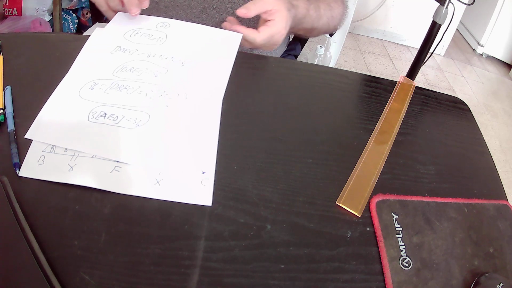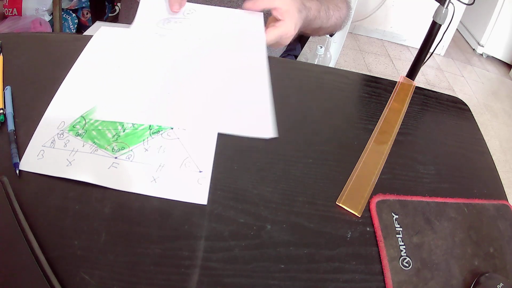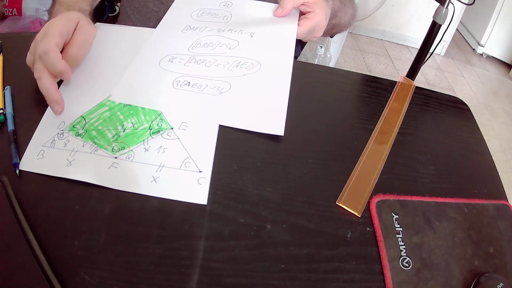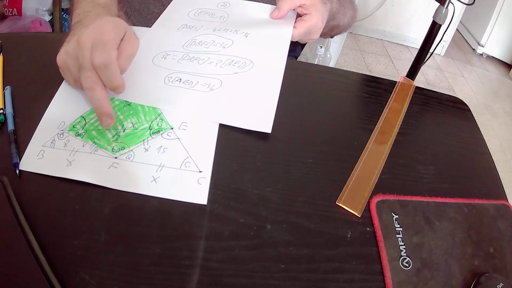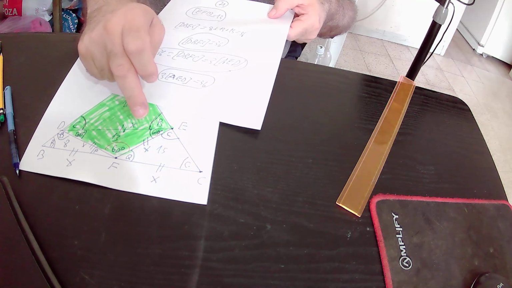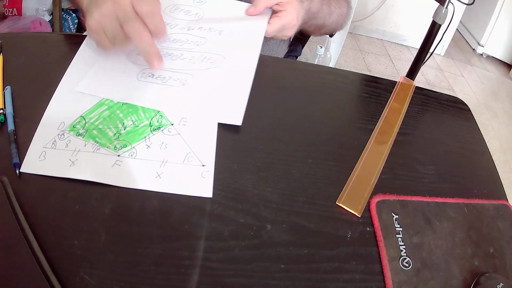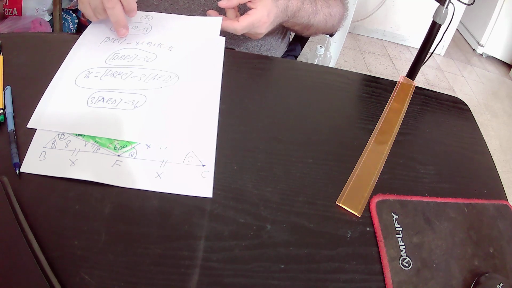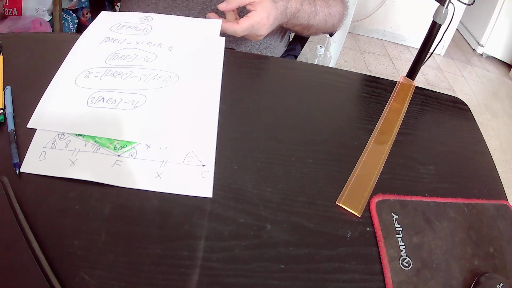So the area of triangle DFC equals the area of triangle DBF, that is 8 square units, plus the area of triangle DEF, that is 13 square units, plus the area of triangle EFC, that is 15 square units. So in total, the area of quadrilateral DBEC equals 36 square units.